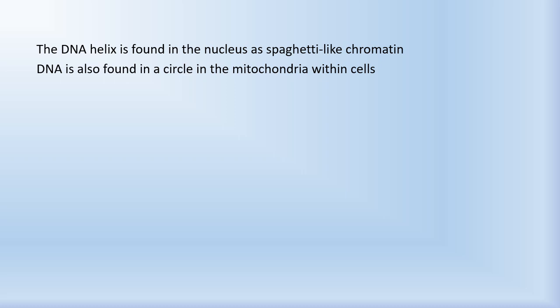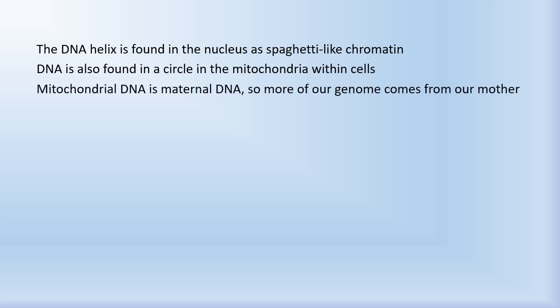Mitochondria are important organelles that are often called the powerhouses of the cell. The helix forms a circle so that the mitochondria can replicate to make more energy for the cell. Mitochondrial DNA is maternal DNA, so more of our genome actually comes from our mother, and this is known as Eve theory.